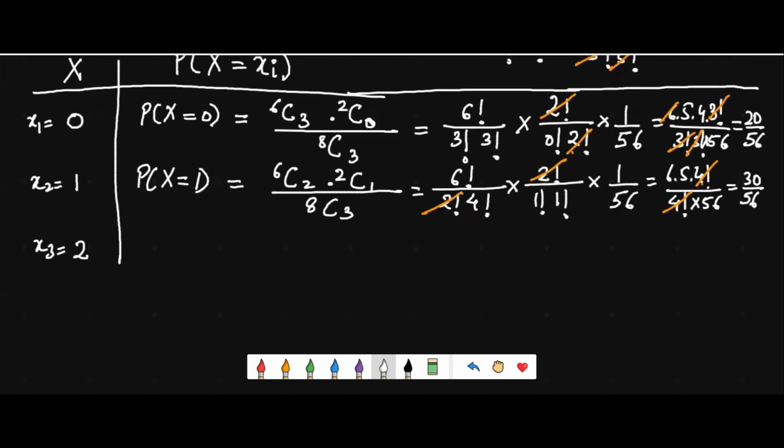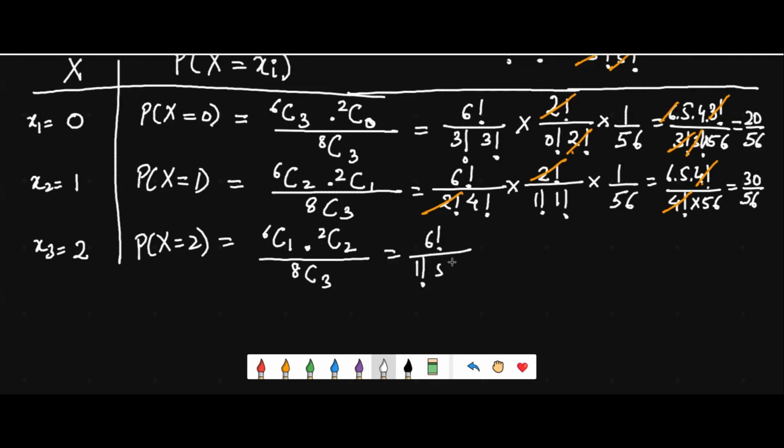Next, P of X equal to 2. That means out of the 3, 2 articles drawn are defective. So 2C2, and 1 would be non-defective. That is 6C1 upon 8C3.